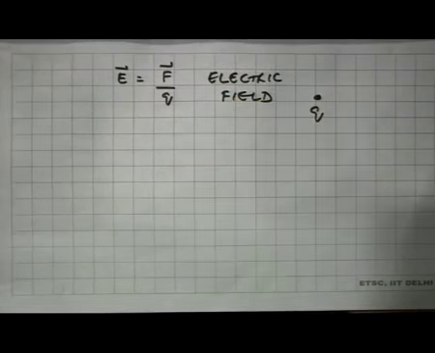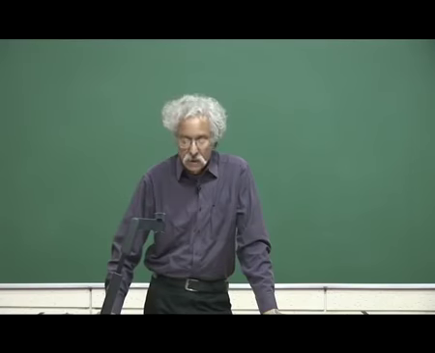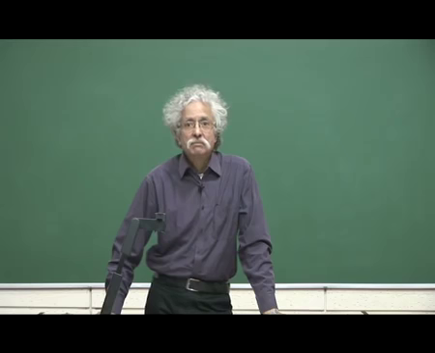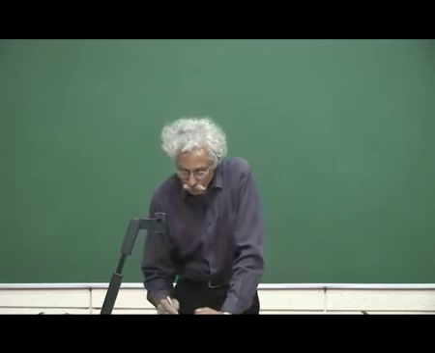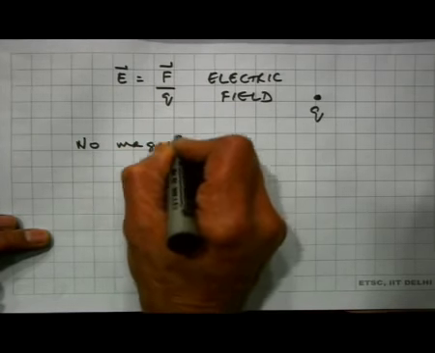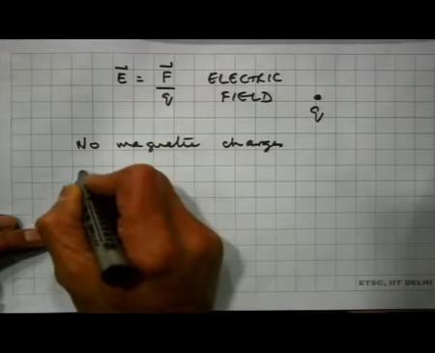Now, because there are isolated charges in electrostatics, we could define the electric field through an equation like this, but we find that there are no such magnetic charges, or no magnetic monopoles.